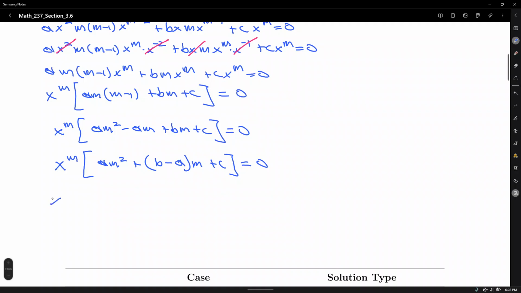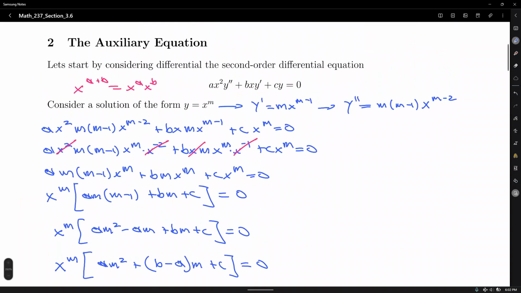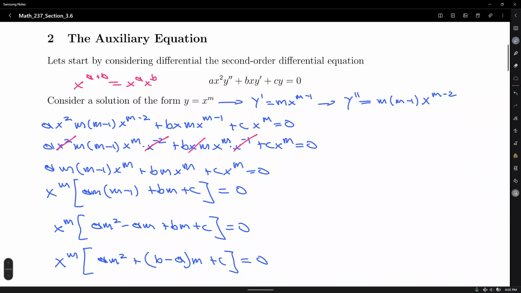Now we use the zero product property. On the one hand, x to the m equals 0, which would give the solution y equals 0, because y equals x to the m. But the solution y equals 0 is not very interesting, because the derivative of 0 is 0 and the second derivative is also 0, so of course it checks in the differential equation.